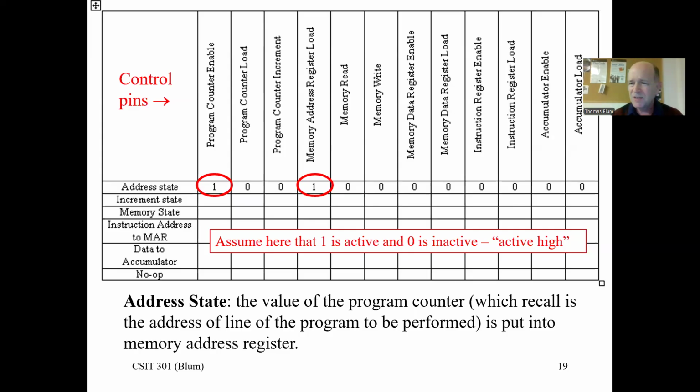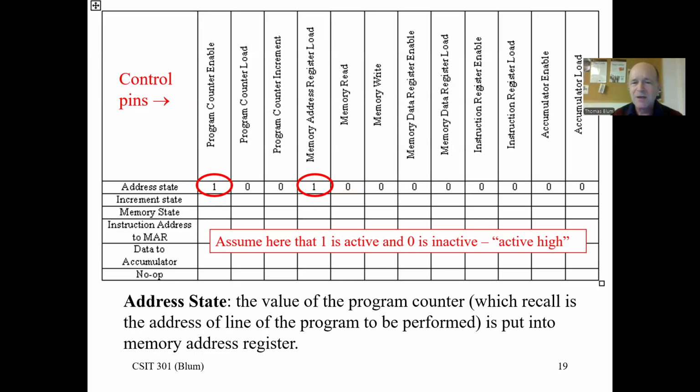So that first step, we can imagine as sending a 1 to the program counter's enable, and a 1 to the memory address register, or MAR's load, and 0 to everything else, and that will accomplish our first step. So now we're at the level of understanding it as ones and zeros, 1 to do something and 0 to not.